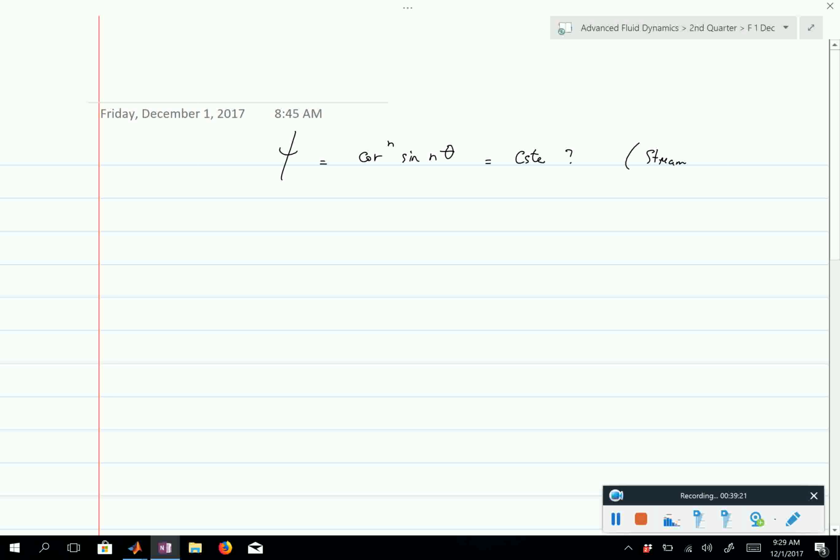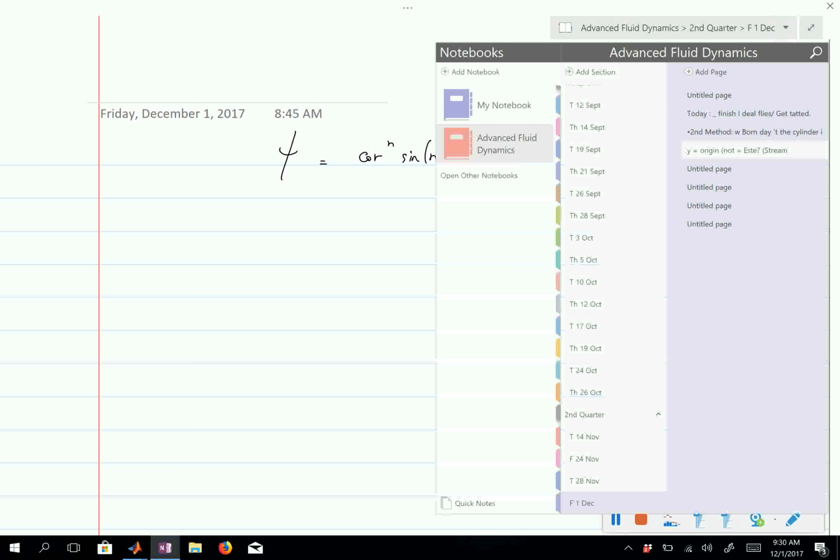Sine n theta. You have to look at the argument, because you're raising z to the power n, exponential of i theta to the power n, which is exponential i n theta. So when you take the imaginary part, okay, let me go back.